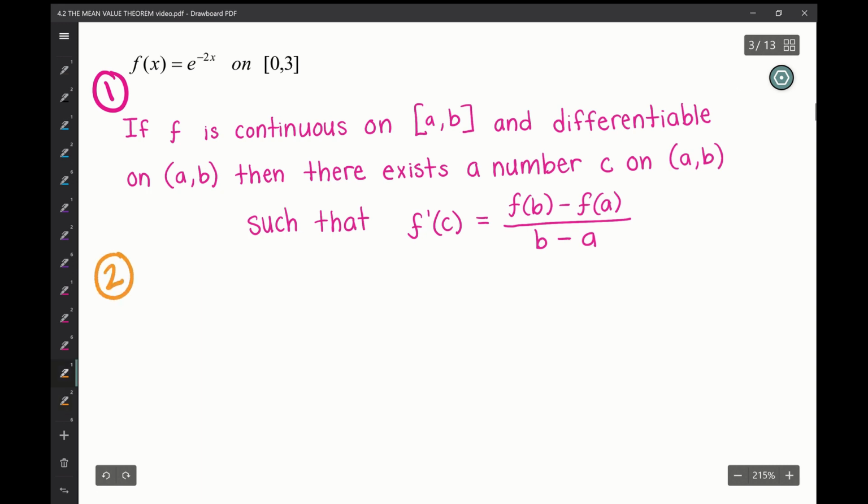So we need to first say that f is continuous and differentiable over this interval.